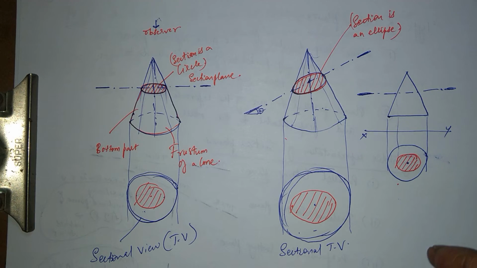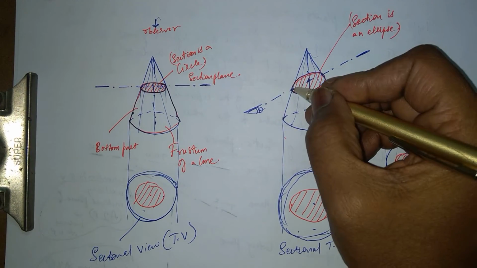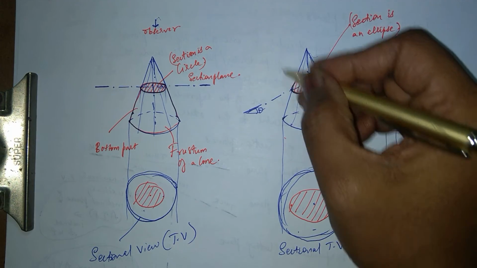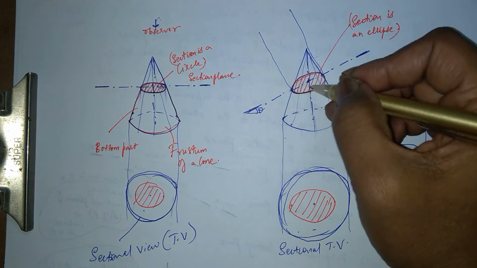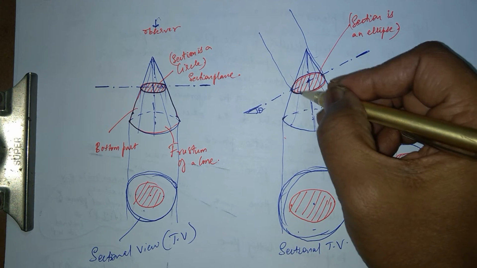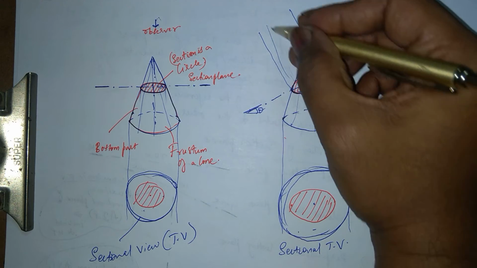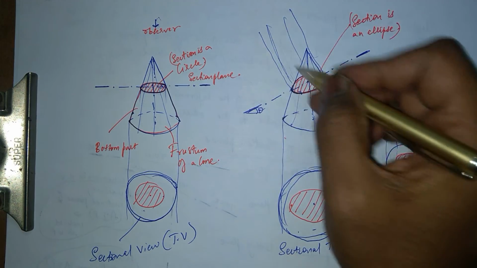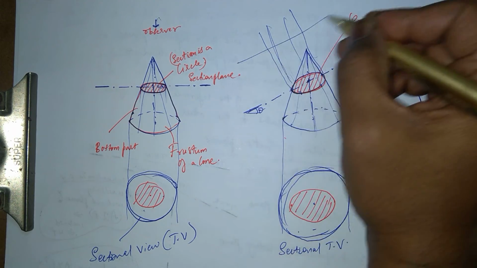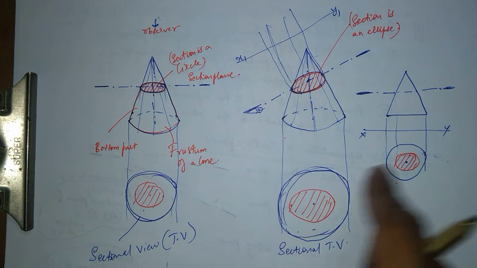All right. Now, if you want to get a true shape, how do I get it? From here, to this section plane, I have to draw lines perpendicular to it. These are the projection lines. All the 8 points, I have to project them. Now draw an auxiliary plane, the x1 y1 line, while you have the xy line here.